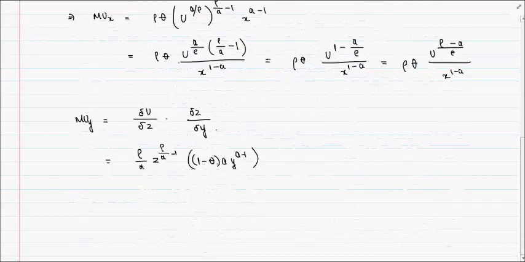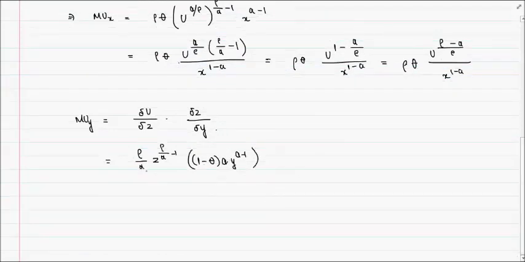So again, a would just cancel with a over here, so what I'm left with is rho 1 minus theta z to the power rho on a minus 1 times y to the power a minus 1.